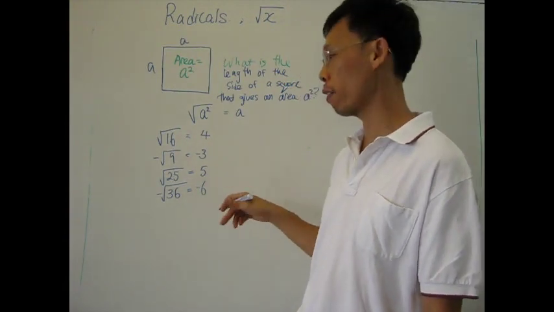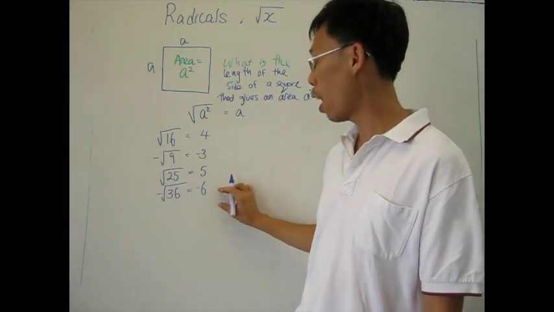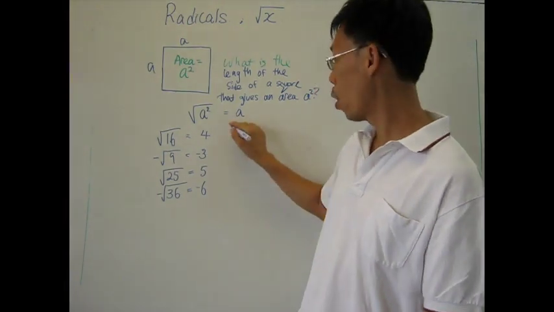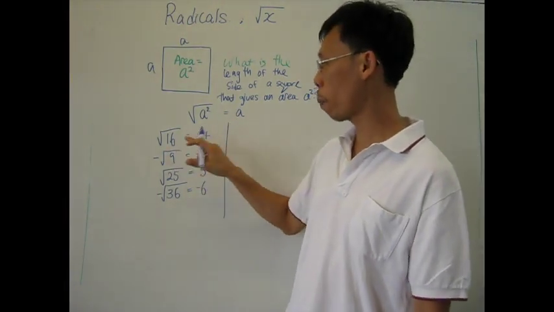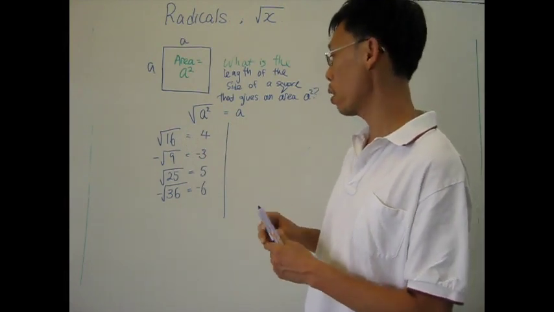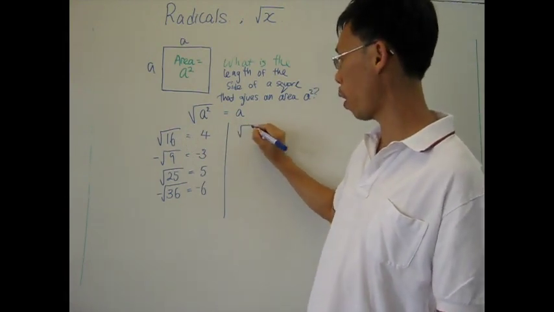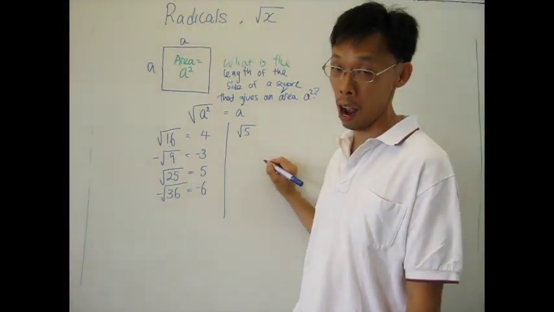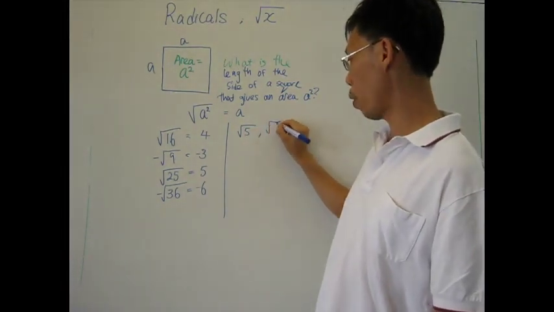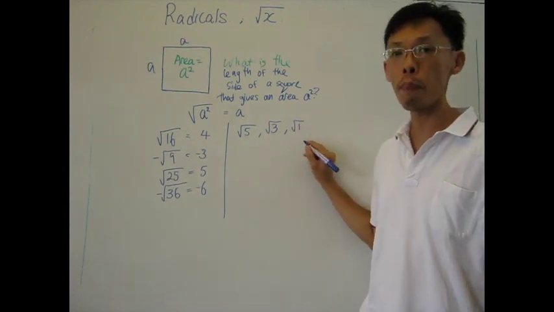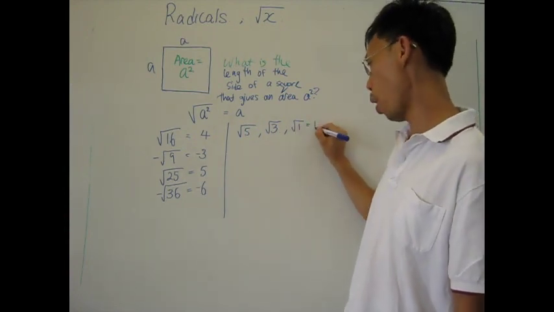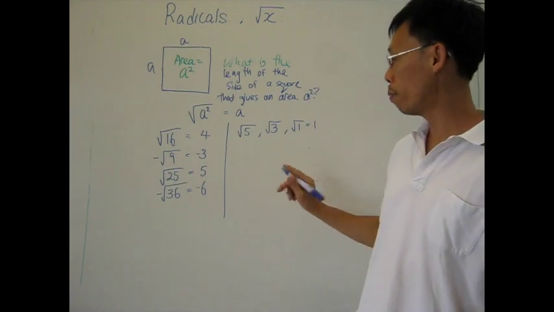Negative 6 times negative 6 gives me 36. Instead of having these perfect squares, we could have also something like this as well. Square root of 5, square root of 3, square root of 1. Square root of 1, by the way, is actually just 1.